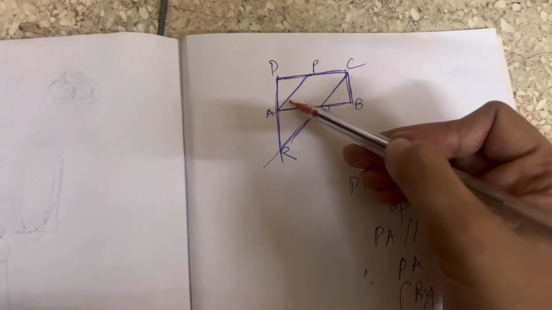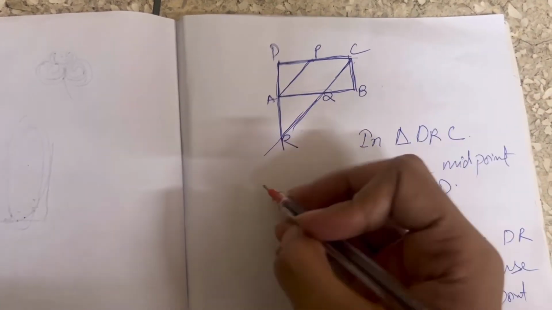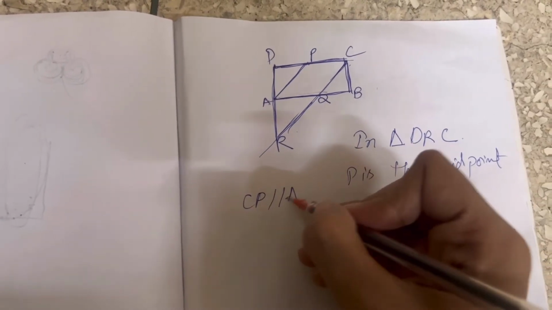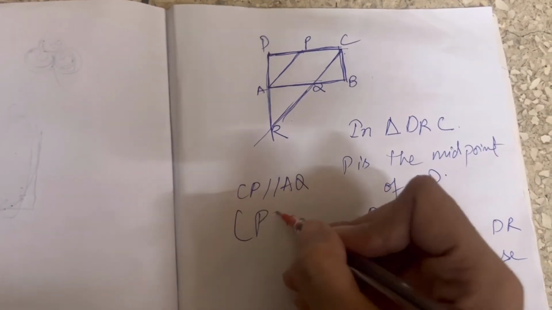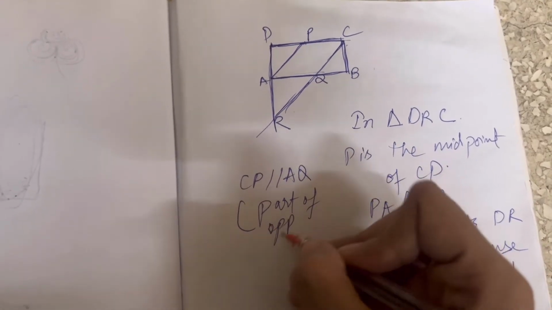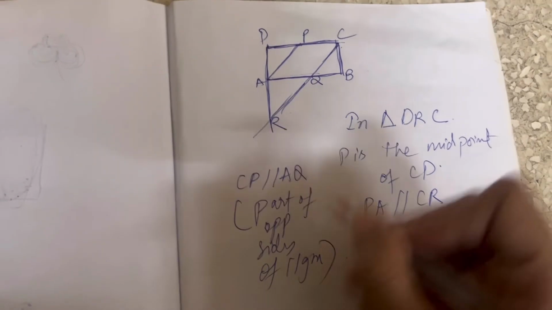Now if you see APCQ, we know PC is parallel to AQ, right? Why? Because they are opposite sides of a parallelogram, right?